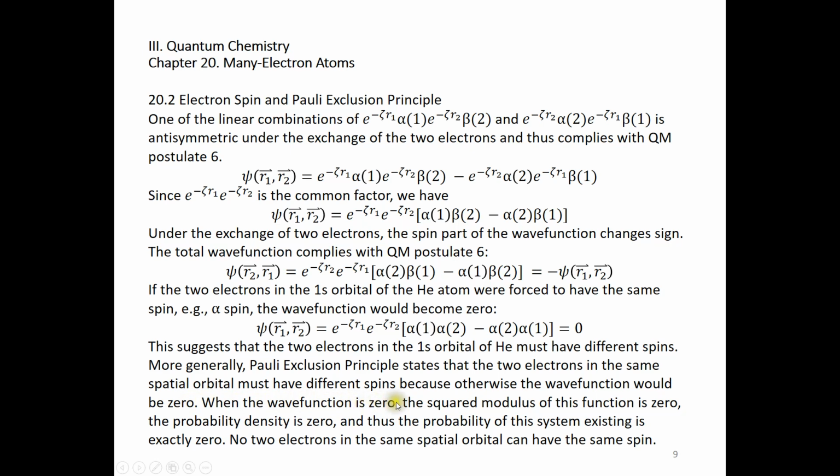When the wave function is 0, the squared modulus of the function is 0, the probability density is 0, and then the probability is 0. So in the end, no two electrons in the same spatial orbital can have the same spin. Also you can say two electrons with the same spin cannot occupy the same spatial orbital.